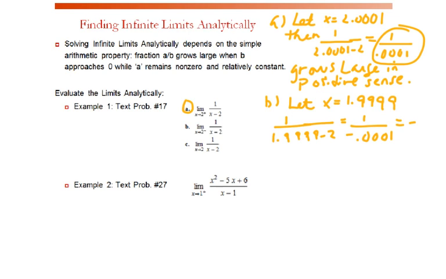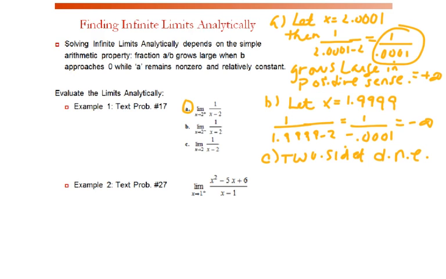So the answer here is negative infinity, and the answer here is positive infinity. So the overall limit, or the two-sided limit, is said to not exist. So that's how we analytically figure out limits.